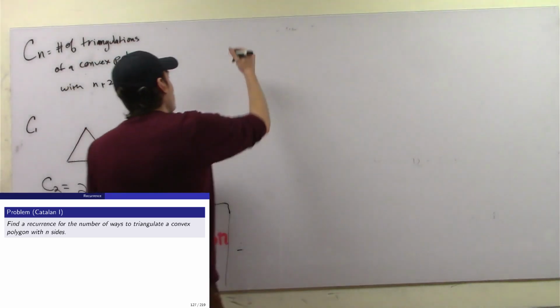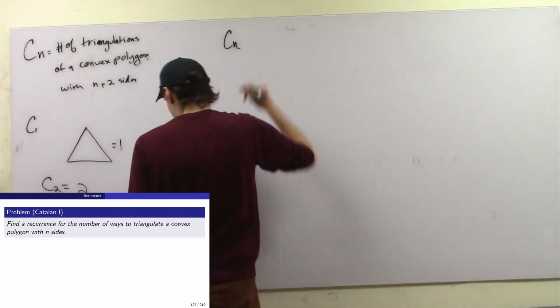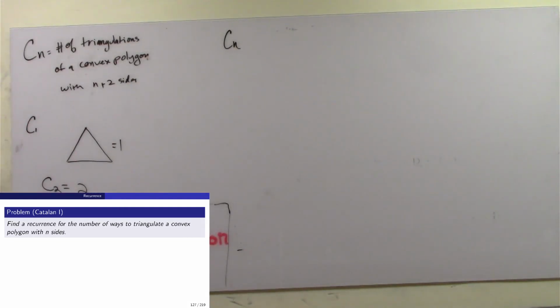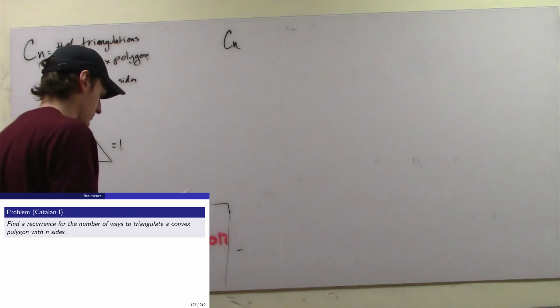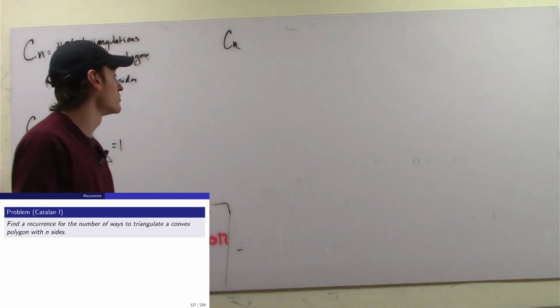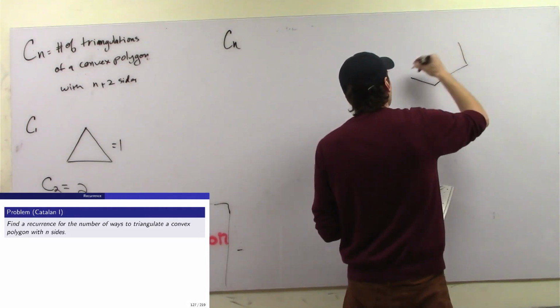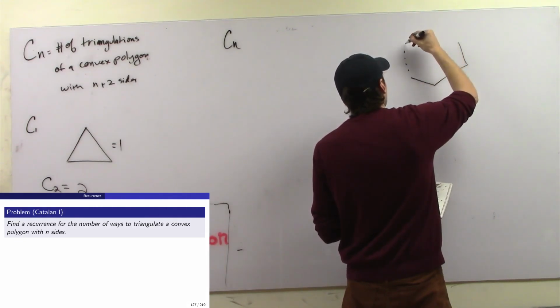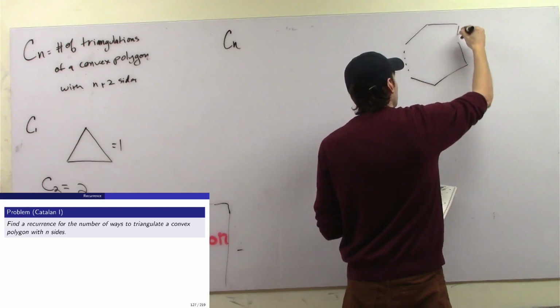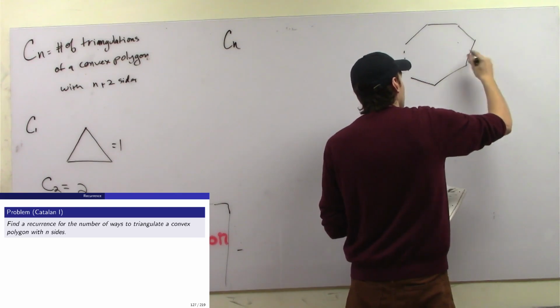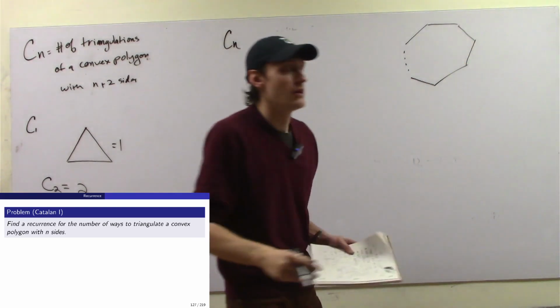What I want to do now is look at C sub n. It's the number of ways to triangulate a convex polygon with n plus 2 sides, and vertices. So I want to have some sort of polygon. I don't really know how many sides it has. Maybe it looks like this, except convex.